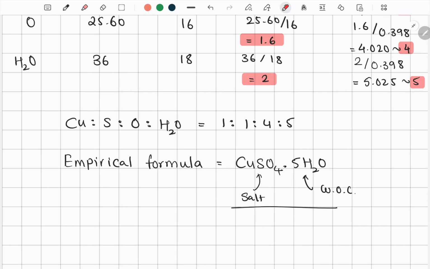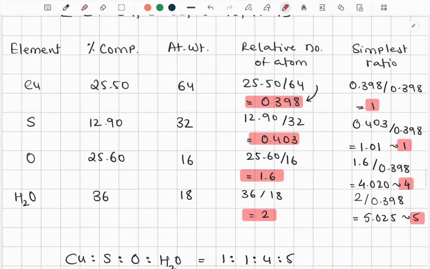One more suggestion: do not separate the hydrogen and water percentage. Consider it as one element only, and consider its percentage composition and molecular weight as the atomic weight, and solve. It would be easier than trying to separate the hydrogen percentage and the oxygen percentage.